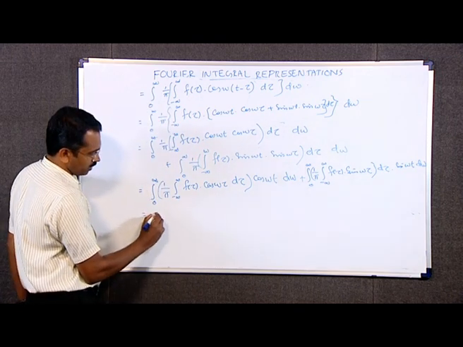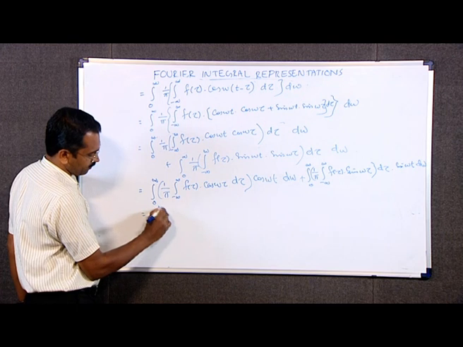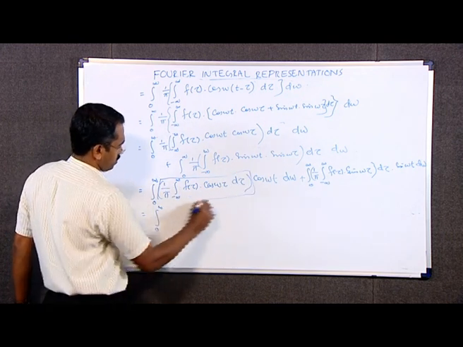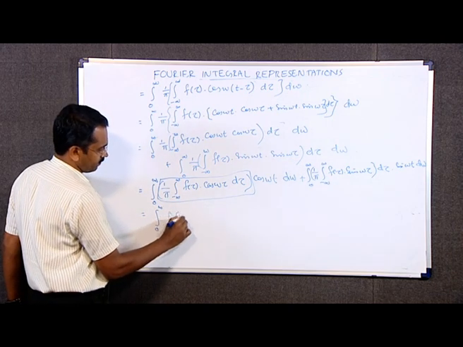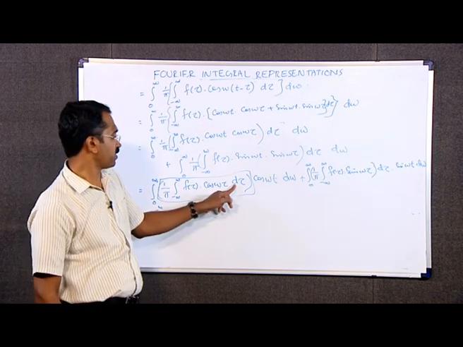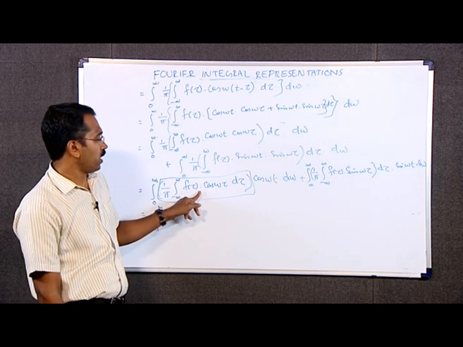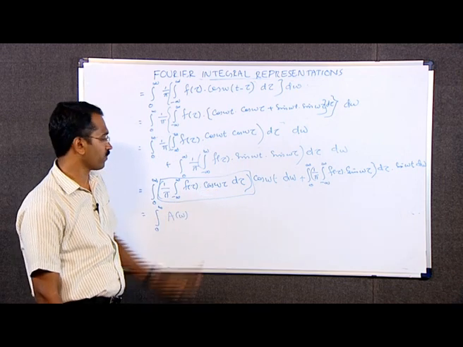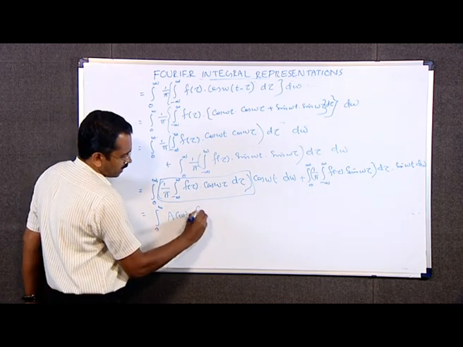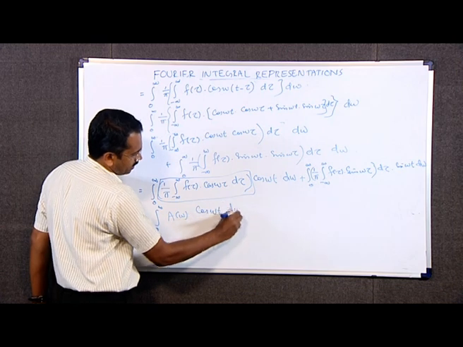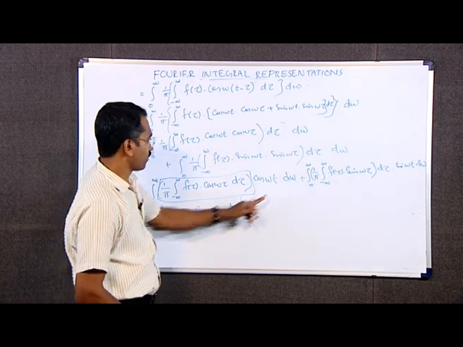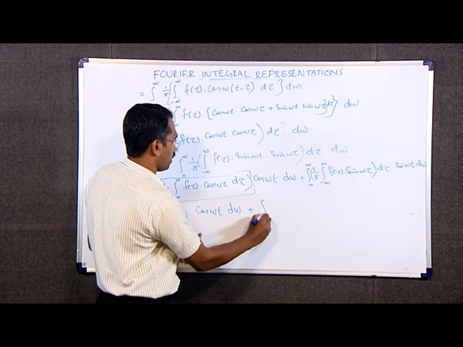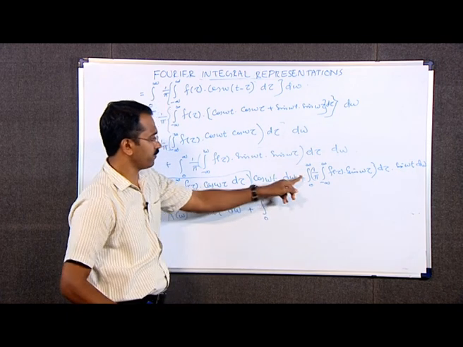which is equal to the integral from 0 to infinity. Here we write this as a of omega. Here the integration is with respect to tau, and this integral will become a function of omega, into cos omega t d omega, plus the integral from 0 to infinity.